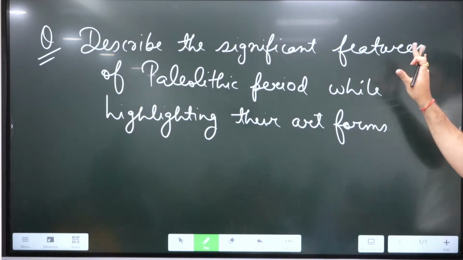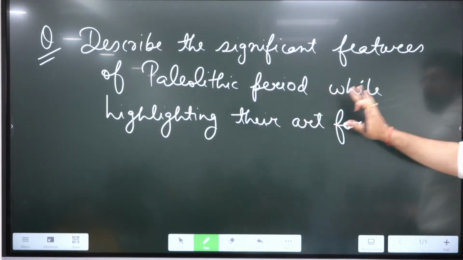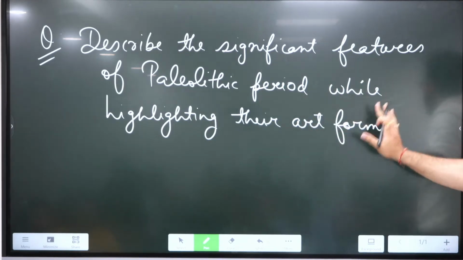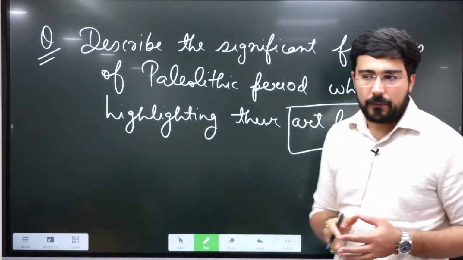Describe the significant features of the Paleolithic period, while highlighting their art forms. Very easy question. It means you have to specifically highlight the art forms.